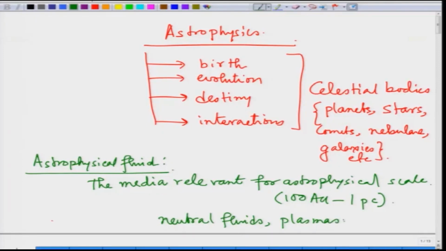In most cases the fluids are ionized gases, so a normal hydrodynamic description cannot be suitable for such fluids. So we have to learn plasmas. And what is plasma? Plasma is a gas or a fluid with charged constituents, let us say ions and electrons. A plasma can also contain neutral atoms or molecules, but it essentially contains charged particles.